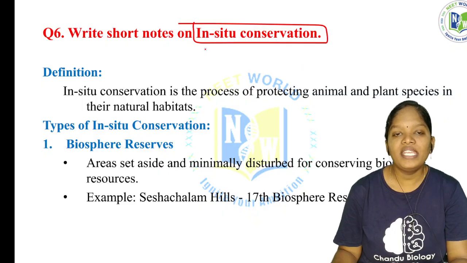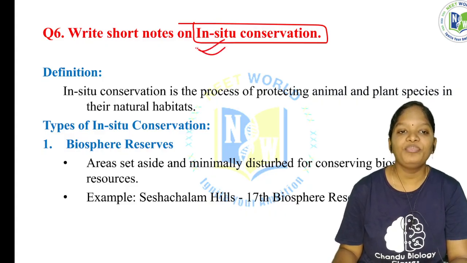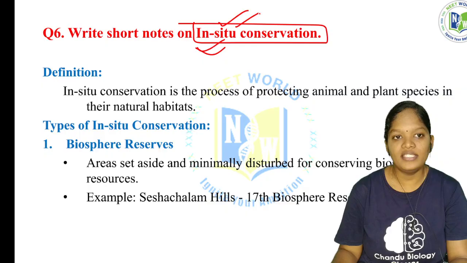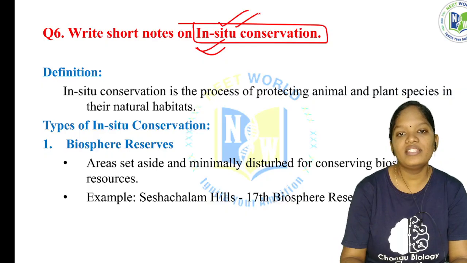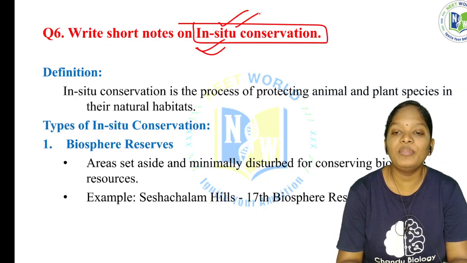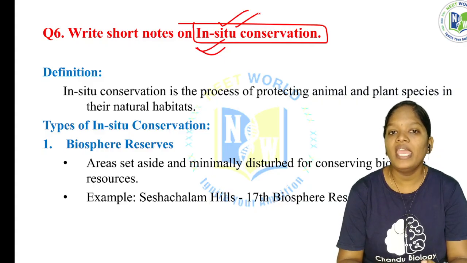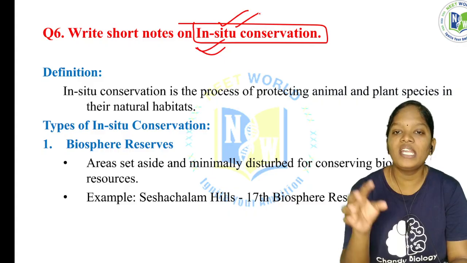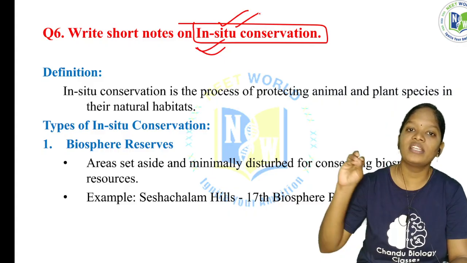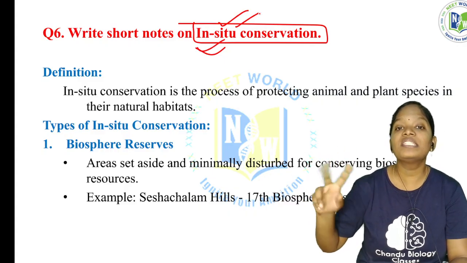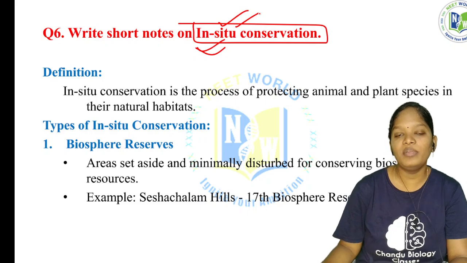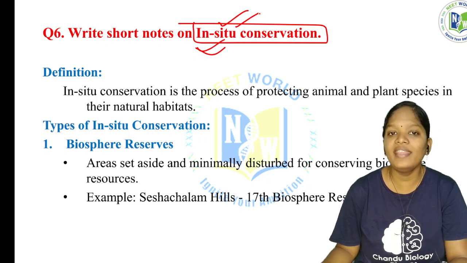We can conserve the ecosystem in two ways: ex situ conservation and in situ conservation. In situ conservation means we preserve an organism in its natural habitat itself. Ex situ conservation means we take the organism and preserve it somewhere else, not in its own habitat.